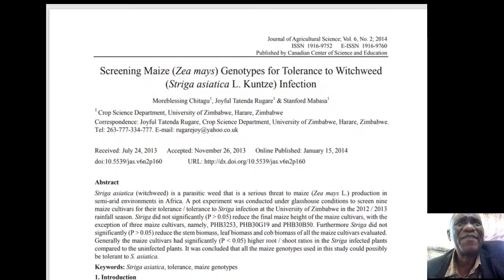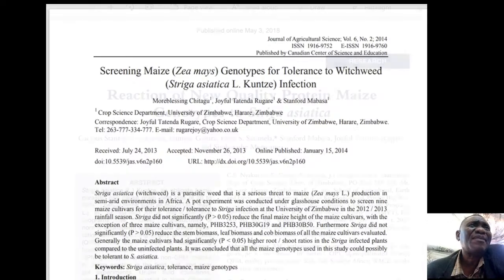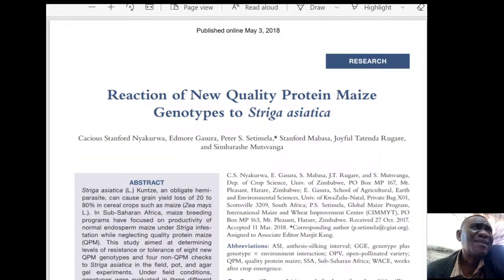You may also have to read some of these papers if you have the time. Reaction to new quality protein maize genotypes to Striga infection. Quite an interesting paper by Nyakurwa, one of our MPhil students.